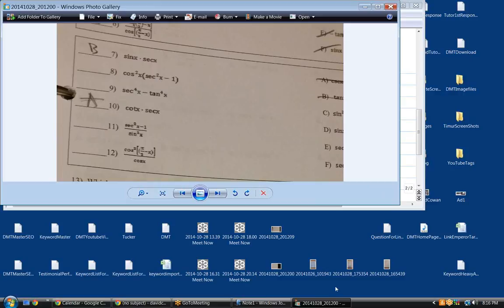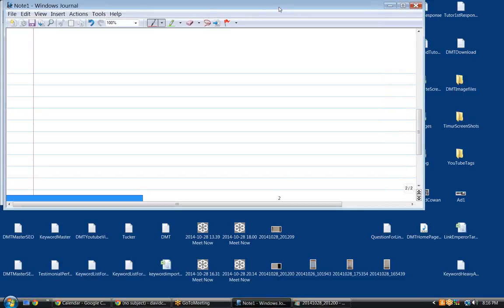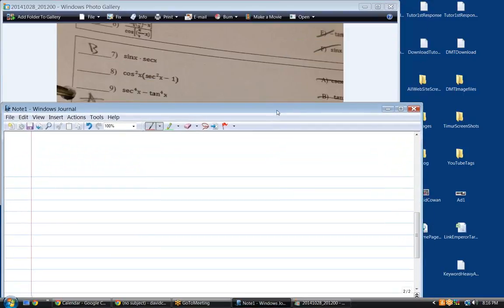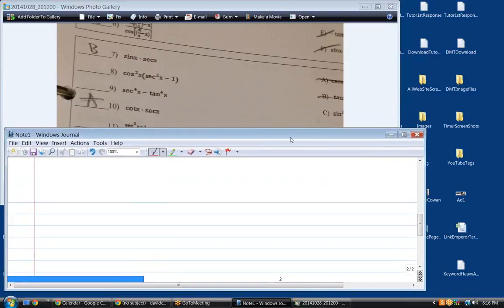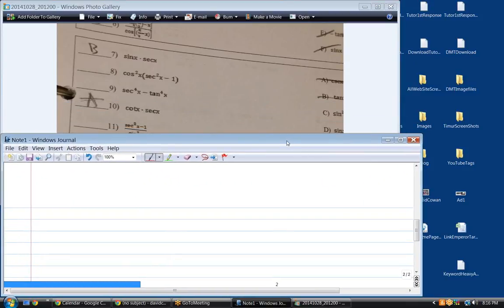What is 9? Would we have to factor this? Yes, it's similar to many that we've done. So how are we going to factor it?